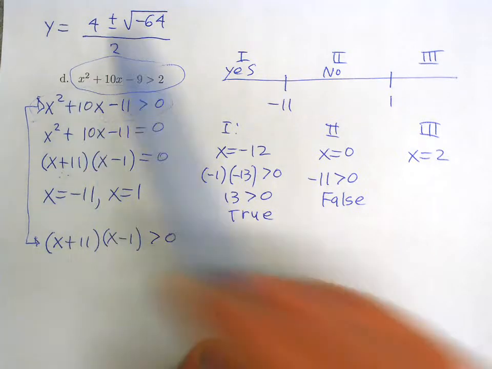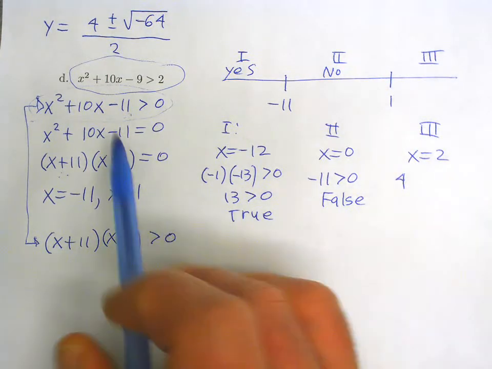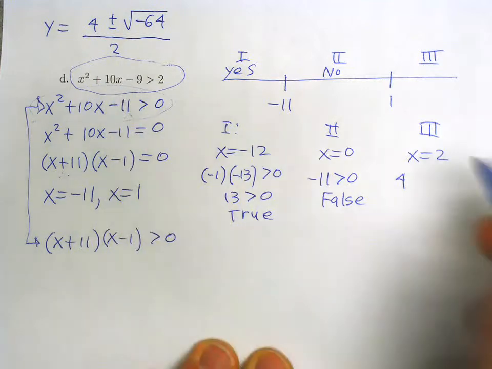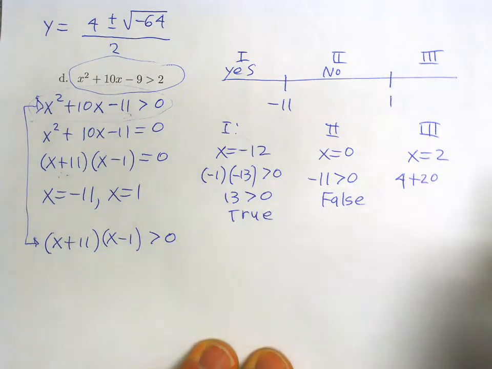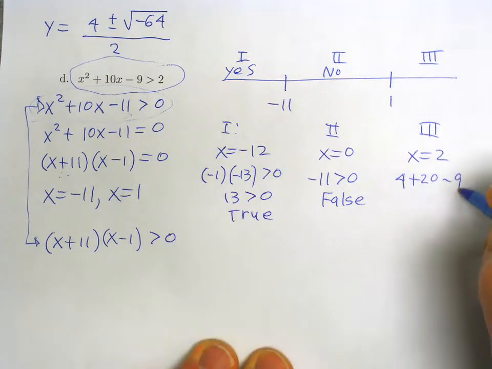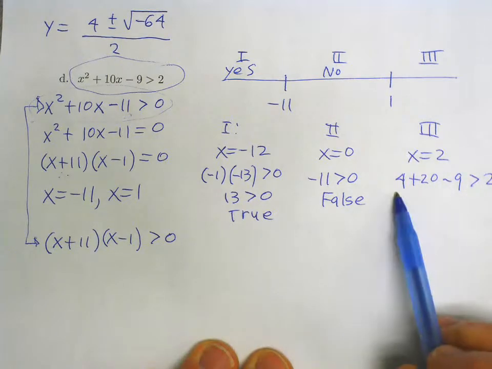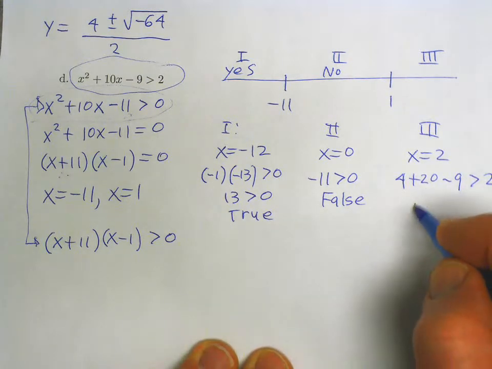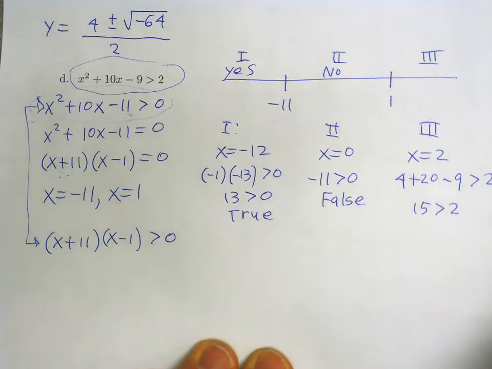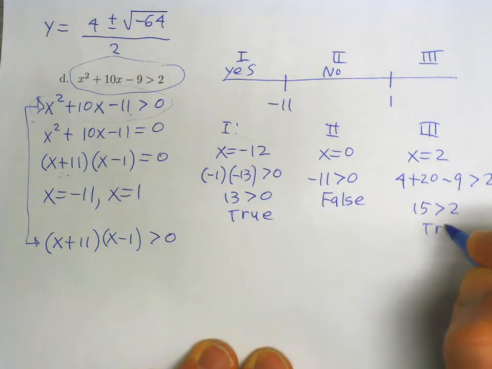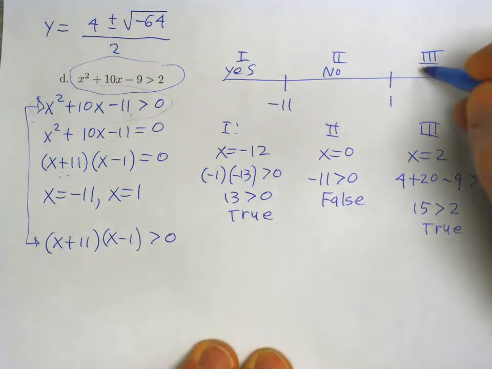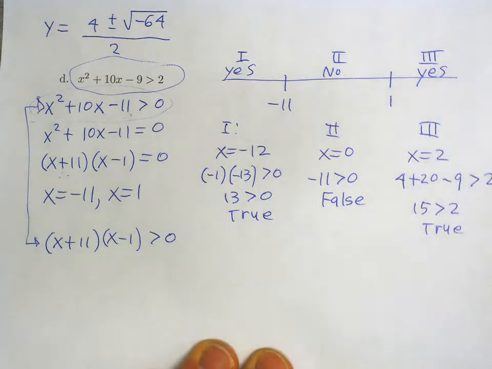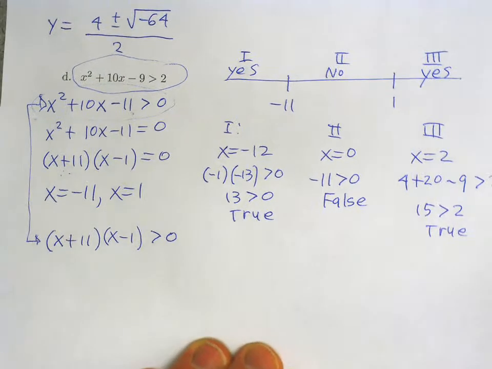So 2 squared is 4, and then plus 10 times 2 is plus 20, and then minus 9 greater than 2. 4 plus 20 is 24. 24 minus 9 is 15. And 15 greater than 2 is true. So yes, the numbers from 1 to infinity are solutions.